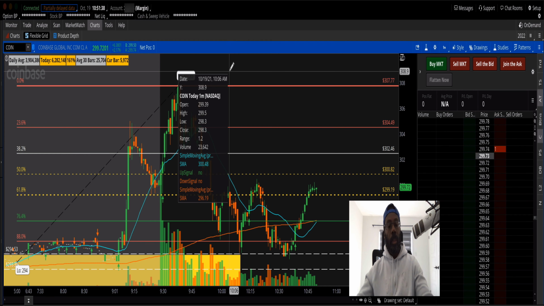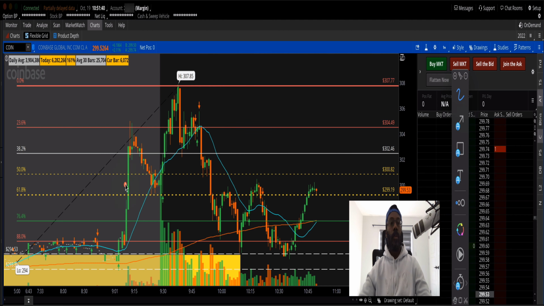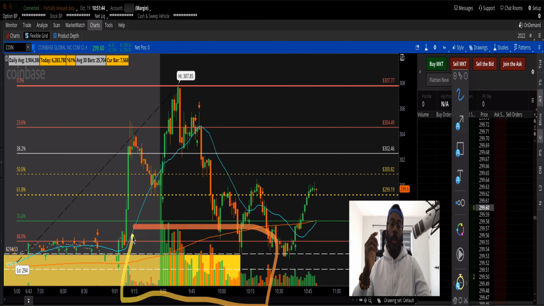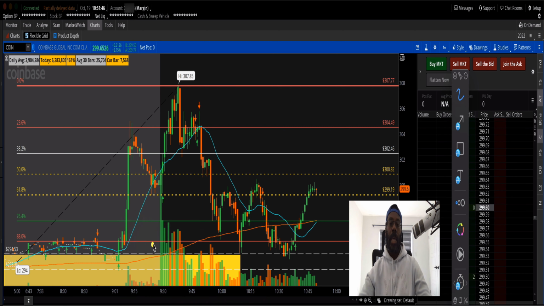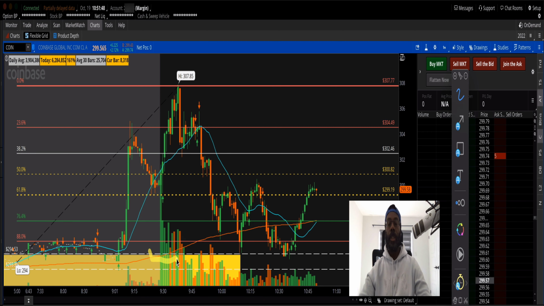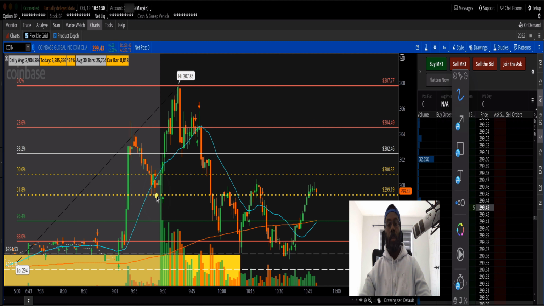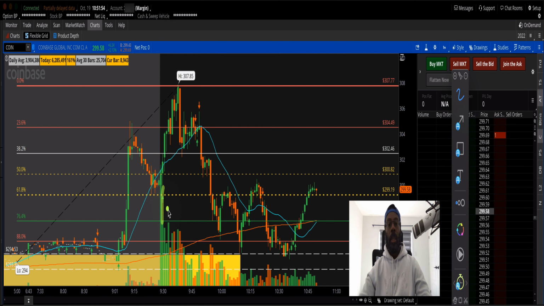So let's get into Coinbase. First thing we do is we always draw our box, because when we draw our box, we know exactly what's happening with the trade situation. When Coinbase opened up way above the box, there's a certain limit that you need to understand.